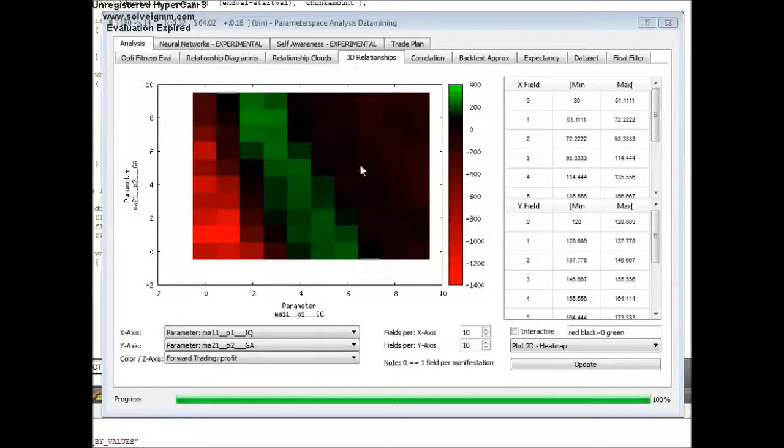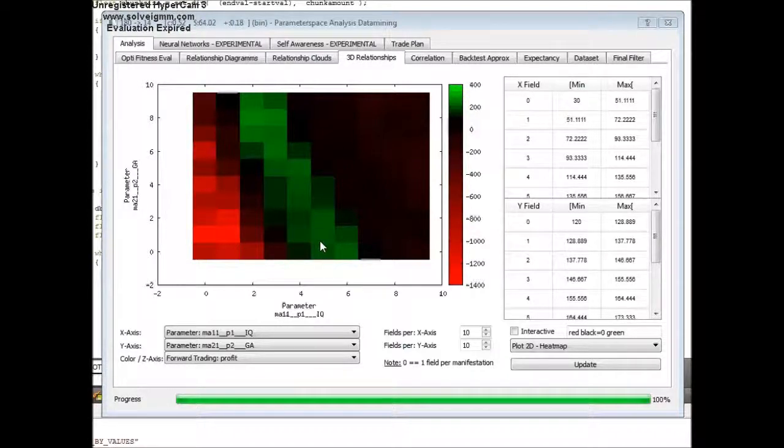And yeah, now we can see these two parameters in relation to each other. This is the fast one, the slow one, and in relation to forward trading profit. So if we would have used a smaller value for the fast one, we should use a higher for the slow one, for example. But we will use, well, this one.